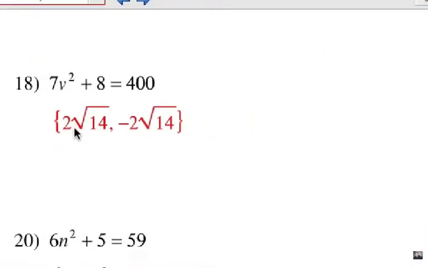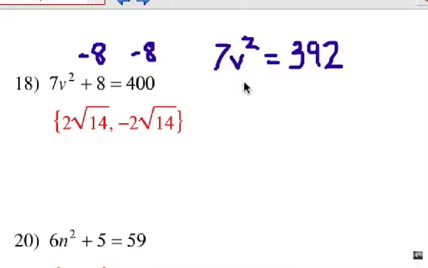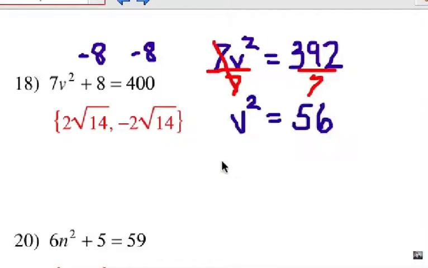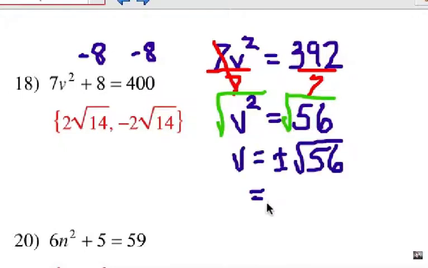All right, number 18. We're going to subtract 8 on each side. 7v squared equals 392. We're going to divide each side by 7. v squared equals 56. Now take the square root of each side, which is positive and negative the square root of 56.